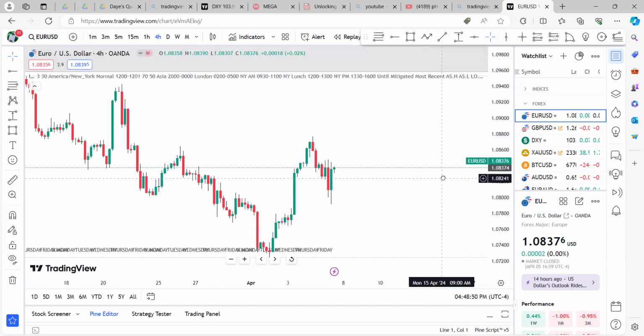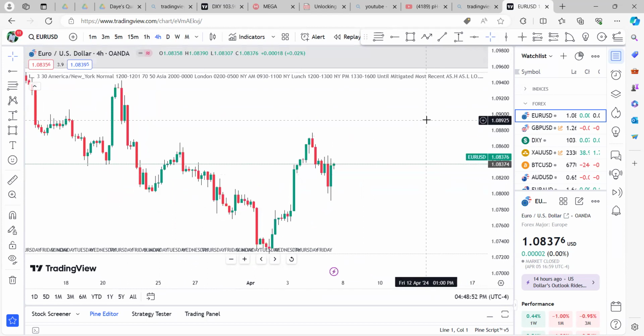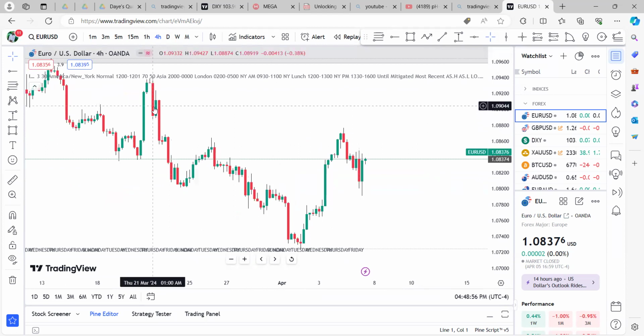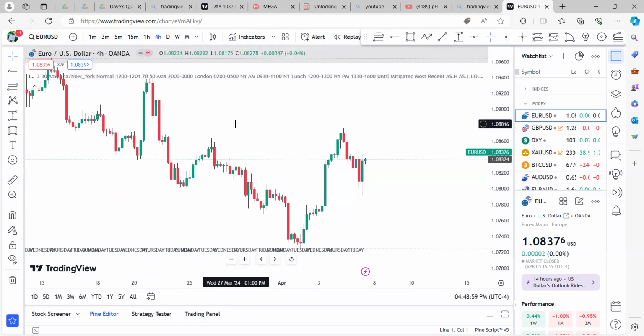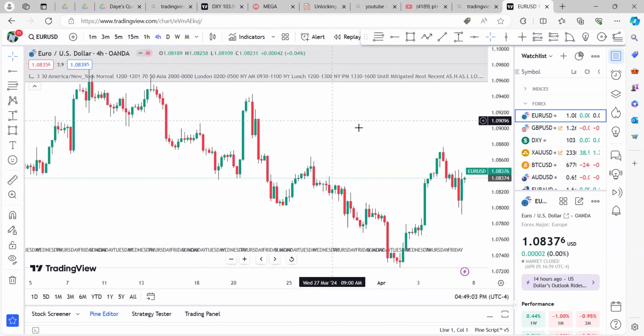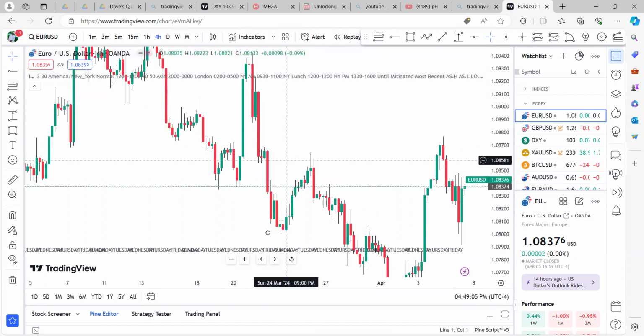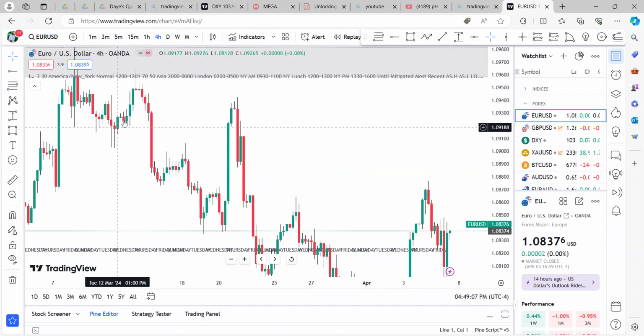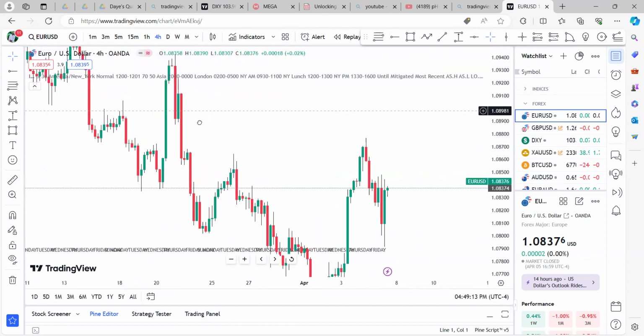So what zone are you going to mark? This one has been tapped. Why is it a high probability order block? Because if you look to the left, at these consecutive order blocks, price has traded through them.